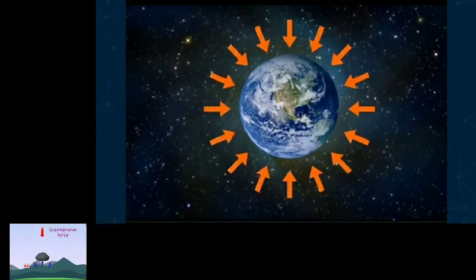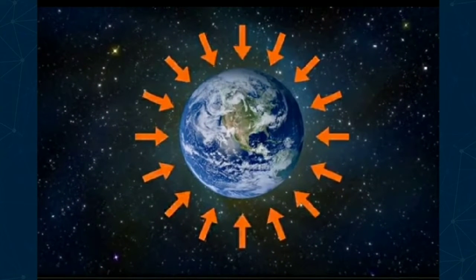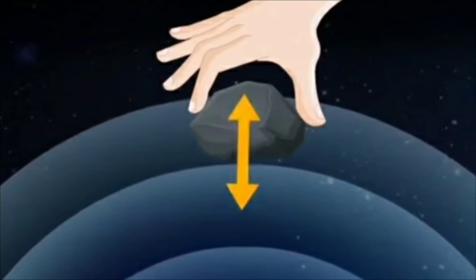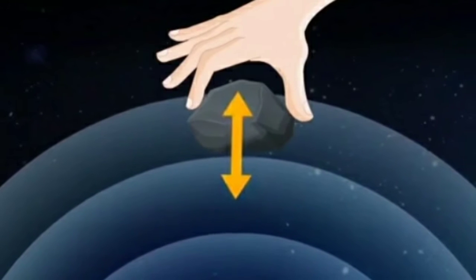Children, we know that the force of gravity due to the earth acts on each and every object, right? When we were holding the stone in our hand, the stone was experiencing this force, right? But it was balanced by a force that we were applying on it in the opposite direction.